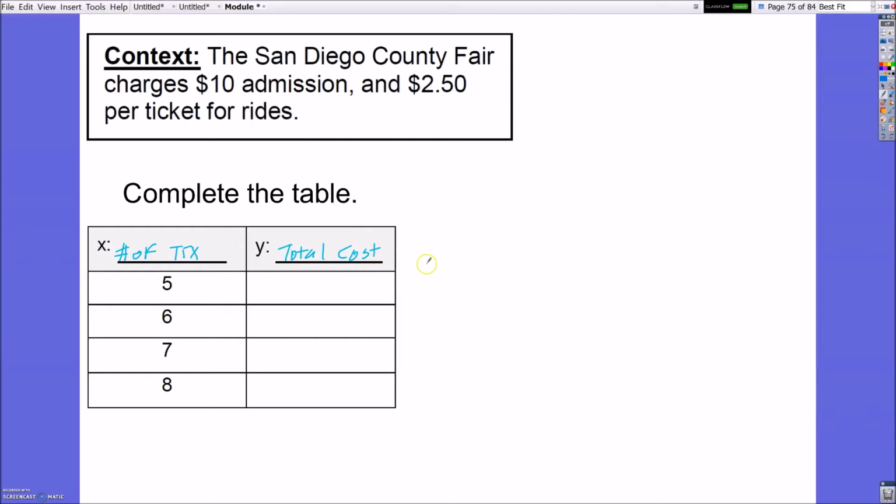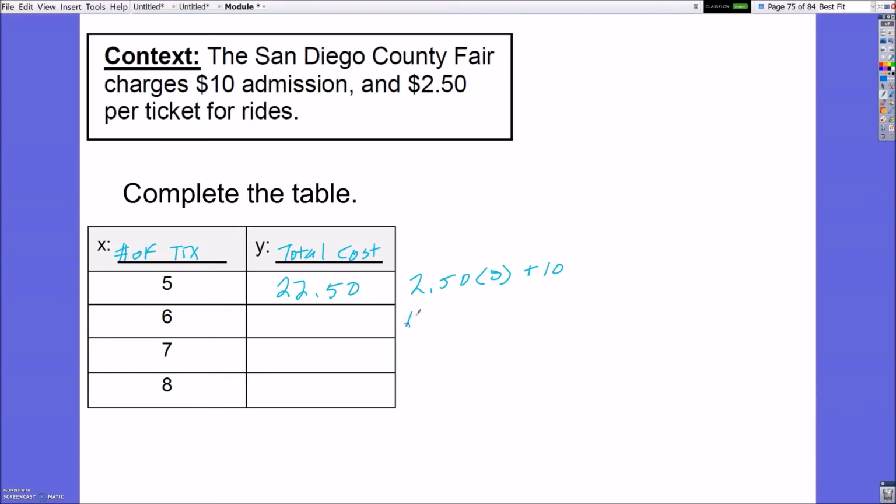So let's go ahead and figure out the total cost. If it's $2.50 per ticket, and you're buying 5 of them, after that you still have to add your $10 to get in. This would be a total of $2.50 times 5 is $12.50, plus 10 is $22.50. Same idea.